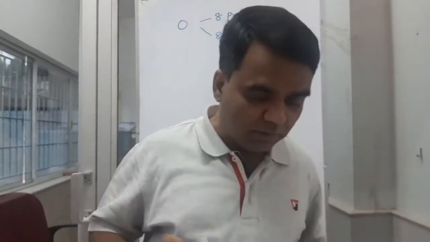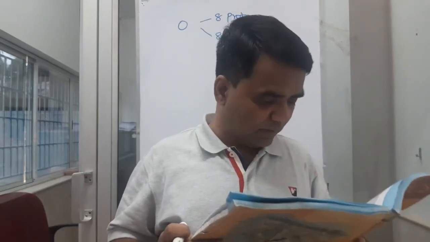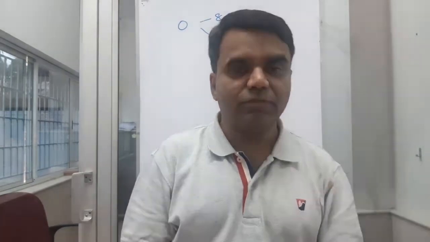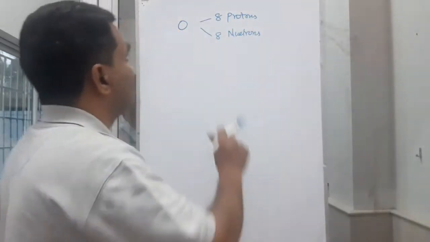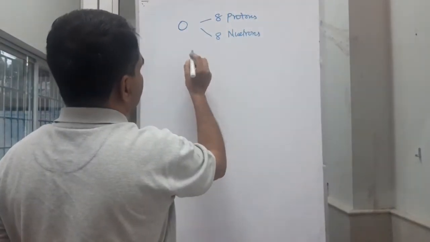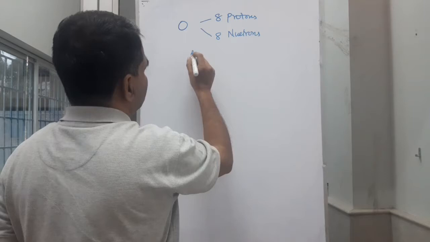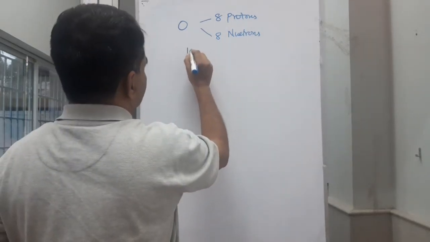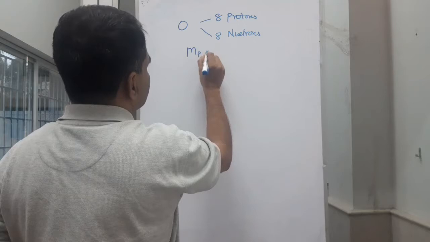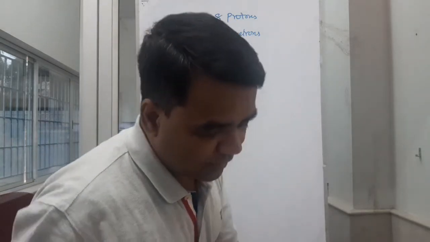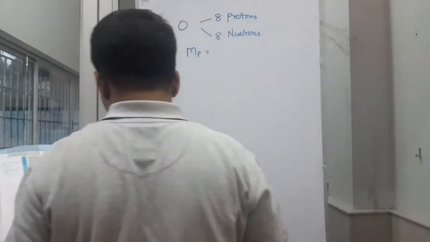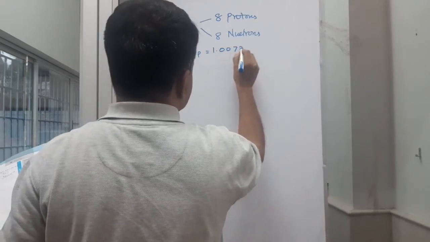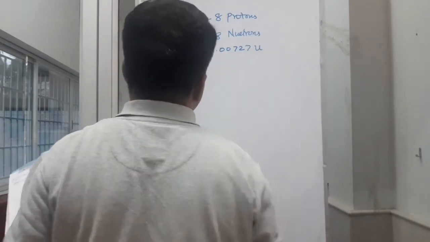So let's say, what is the mass of this nucleus? You know that the mass of a proton is equal to 1.00727 atomic mass units.